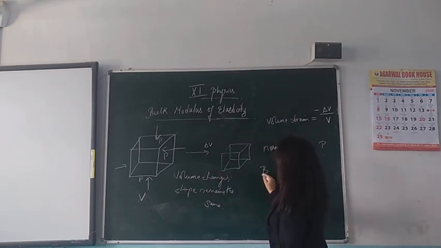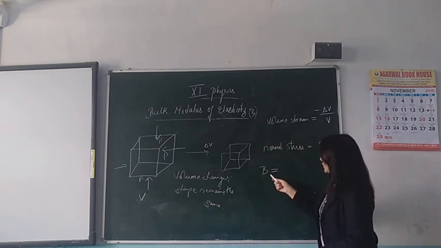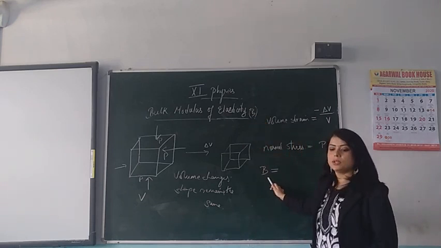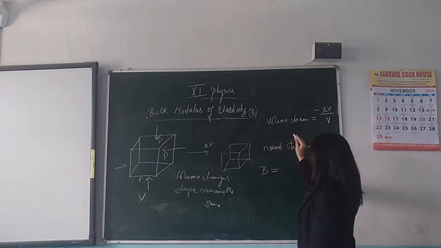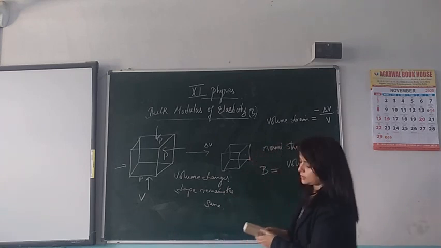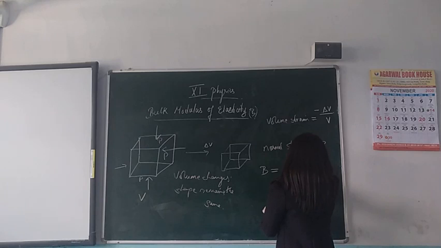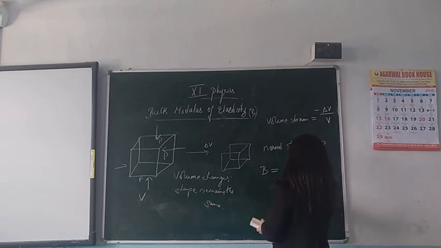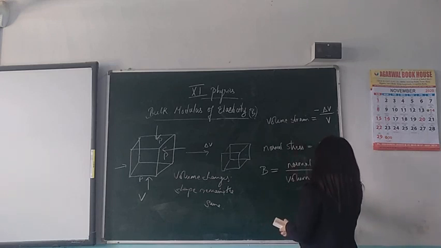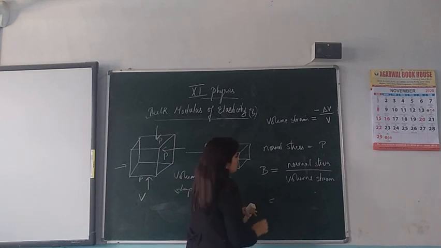So, bulk modulus of elasticity, denoted by K, is normal stress divided by volume strain.